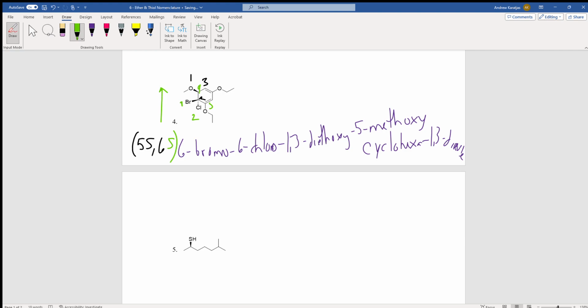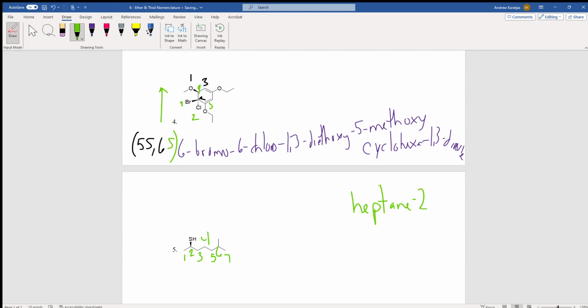Question 5, we've got our first example of a thiol. Not much else going on in this compound, so that thiol is going to determine the direction that we number this in. So we have a 7 carbon molecule, so the parent name will be heptane.